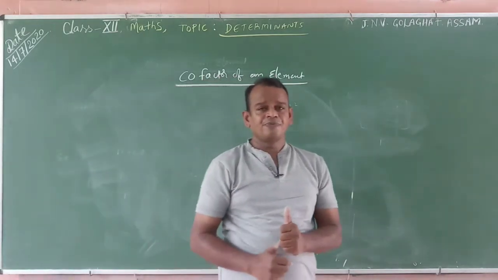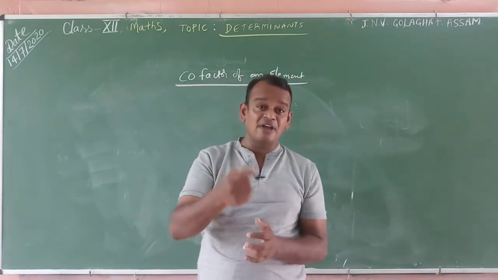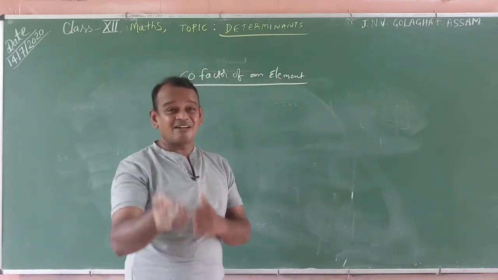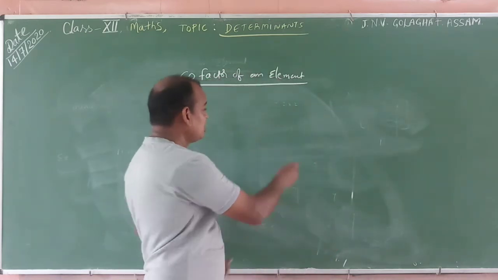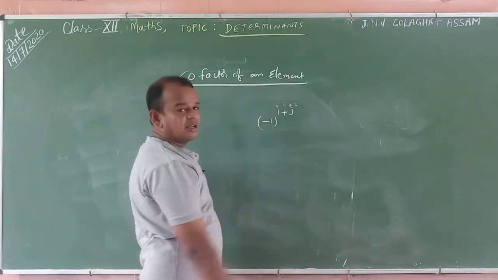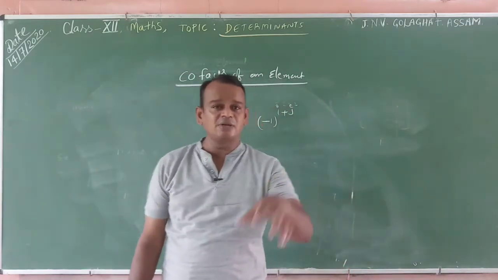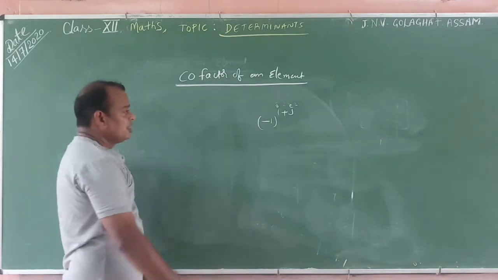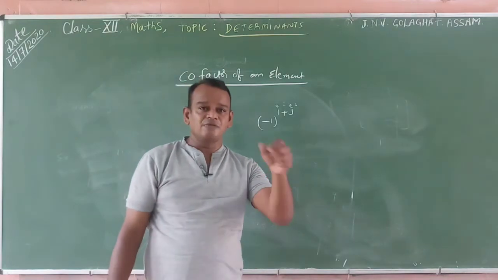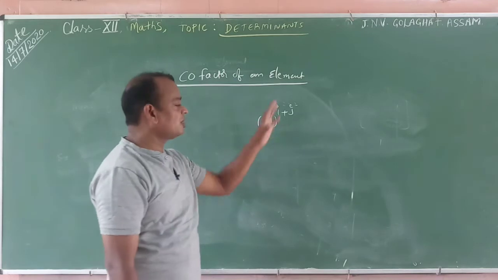The minor of an element is multiplied with minus 1 power i plus j, where i, j are the suffixes, the row and column in which the element is present.